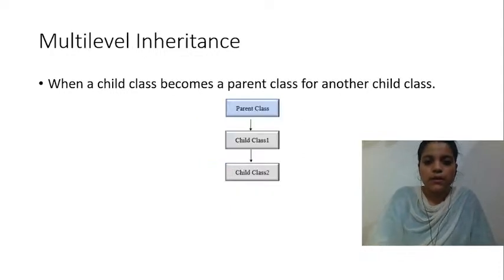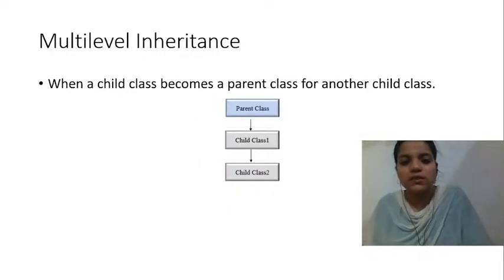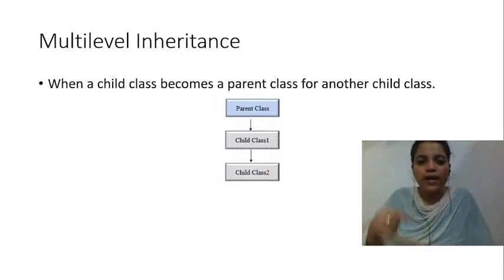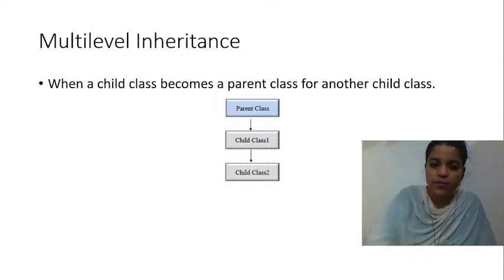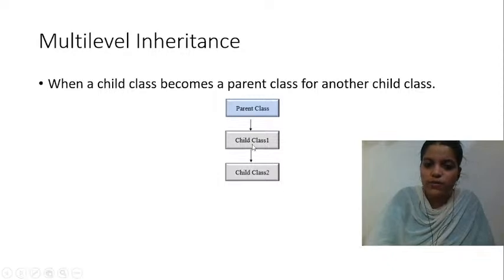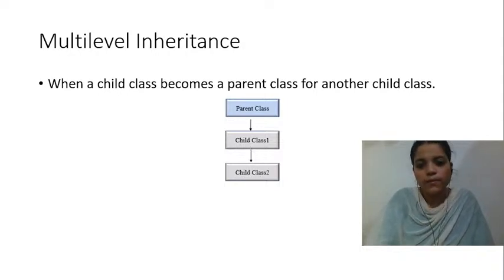Okay. Then comes multi-level inheritance, where there is a chain of this relationship, like child class 1 which is derived from parent class, and child class 2 which is derived from child class 1. It means the direct parent of child class 2 is child class 1 and the indirect parent is the parent class.